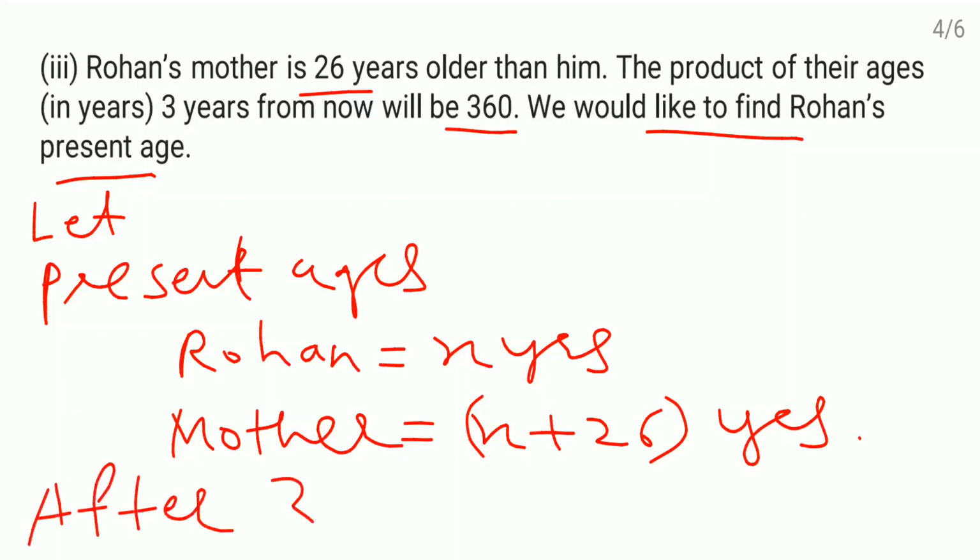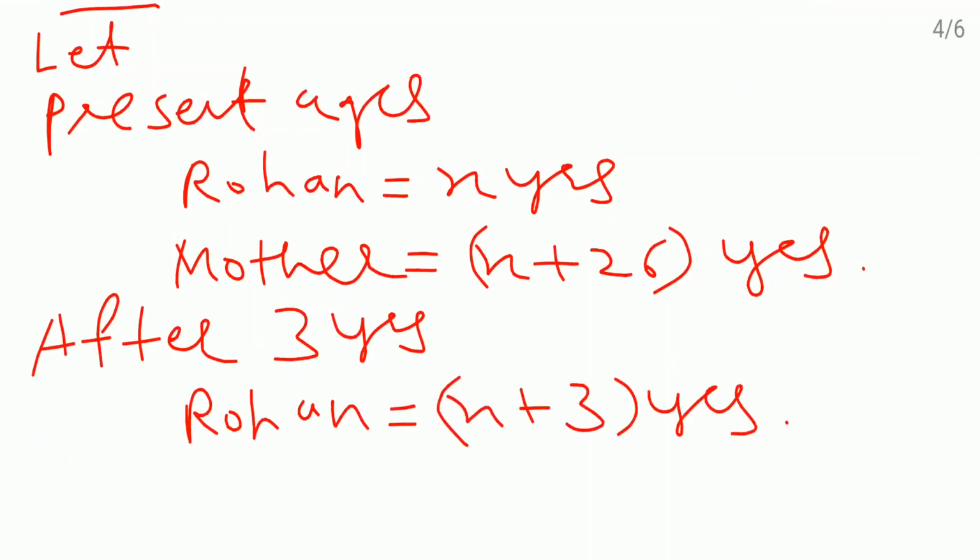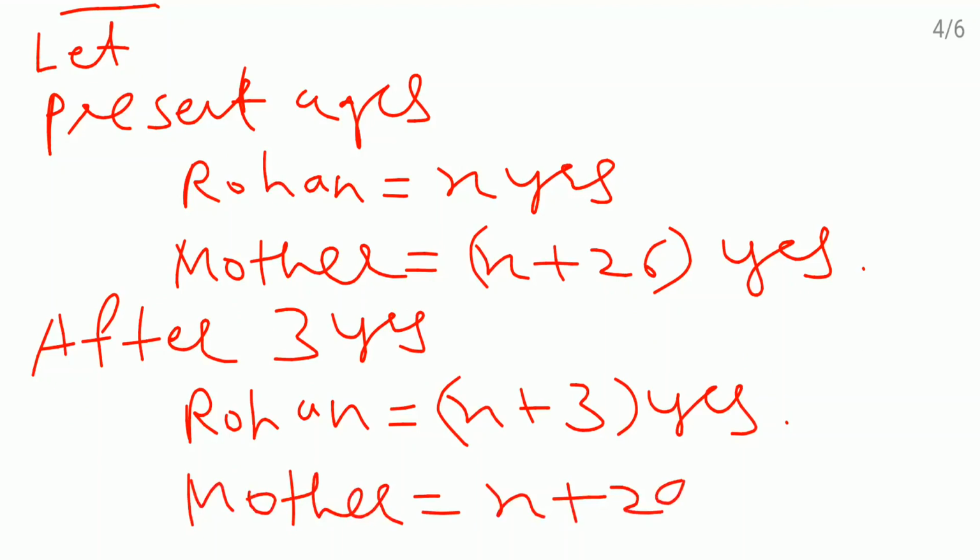After 3 years, Rohan's age will become x plus 3 years and his mother's age will be equal to x plus 29. Why? Because I added 3 in the present age. So x plus 29 years, right?